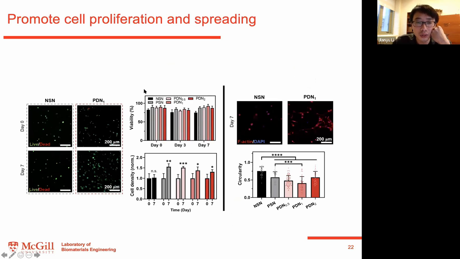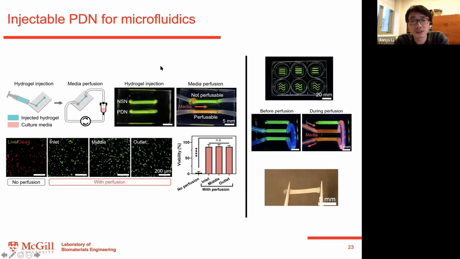And this material system in general has good cytocompatibility. Also this pore size shows a similar ability to support the spreading of the cells encapsulated inside. And to further test the application of this double network system, we use it as an injectable hydrogel system.